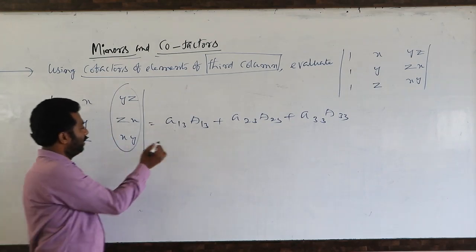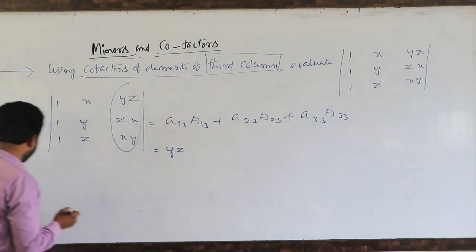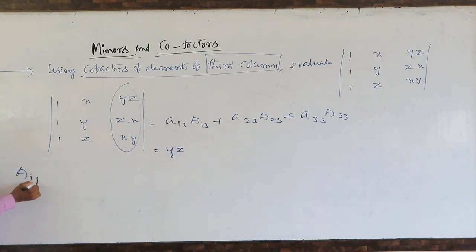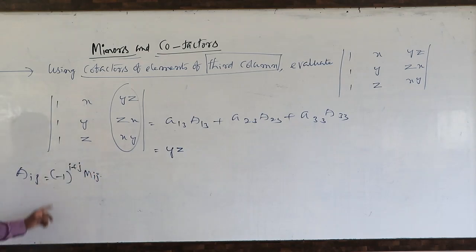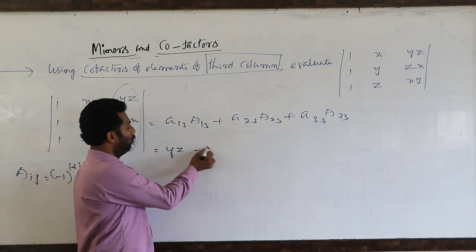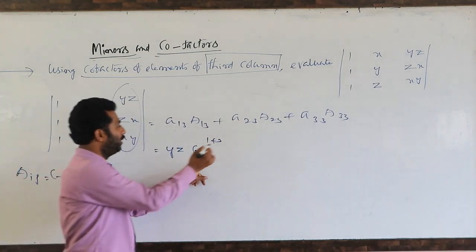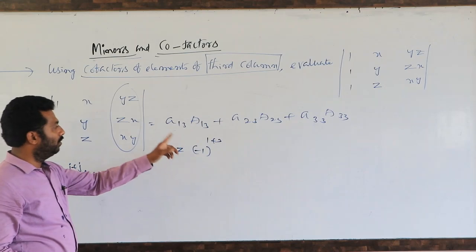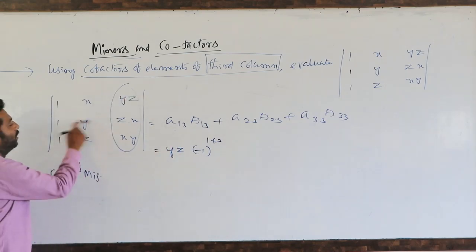A13 means yz. What is the definition of capital Aij? It is minus 1 whole power i plus j into the corresponding minor. Minus 1 whole power 1 plus 3 into the remaining determinant obtained by deleting the first row and third column, nothing but this determinant.